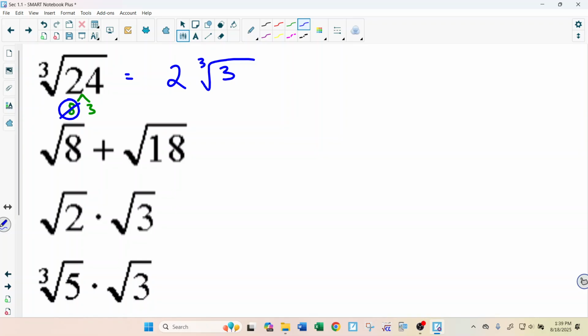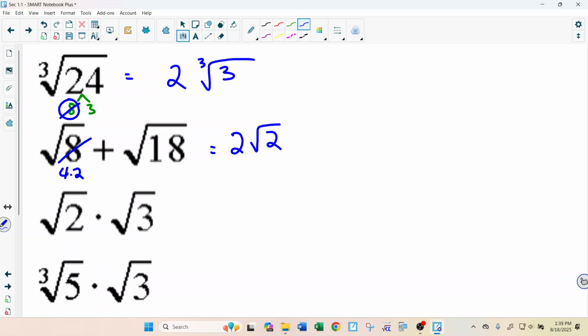If you remember our rules of radicals, for the addition of radicals, they have to have the same radical. They both have to be the same root, square root, cube root, and the radicand underneath the radical has to be the same. So 8, once again, not a perfect square. This is 4 times 2, which would mean this is 2 square root of 2.